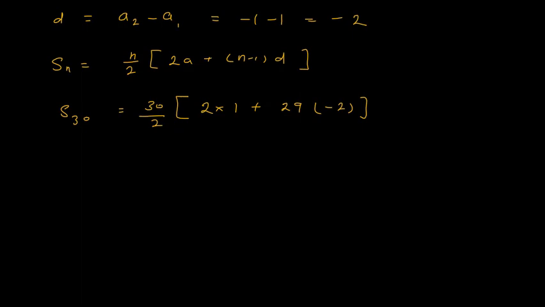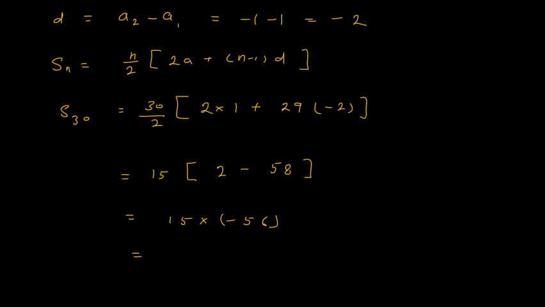So S30 is 30 divided by 2, which is 15, into (2 into 1 is 2, minus 2 9s are 18, 2 5s are 10, so 58). 2 minus 58 is minus 56, so it is 15 into minus 56.